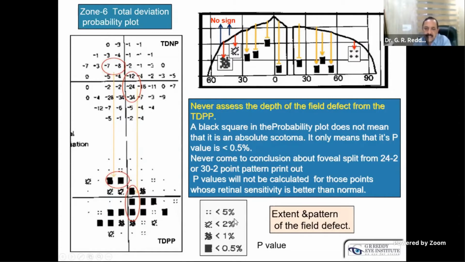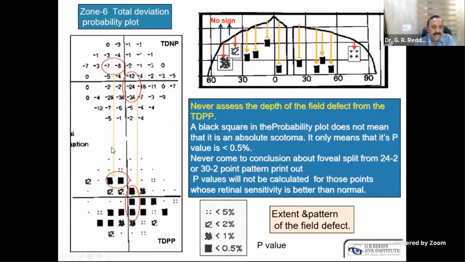If it is seen in 2% of the normal population, this symbol is given. If it is seen in 1% of the normal population, this symbol is given. And if it is seen in 1 in 200 of the normal population, a black square is given. So the loss of retinal sensitivity is converted into probability form to give the extent and the pattern of the field defect, and they are given symbols according to their p-value.